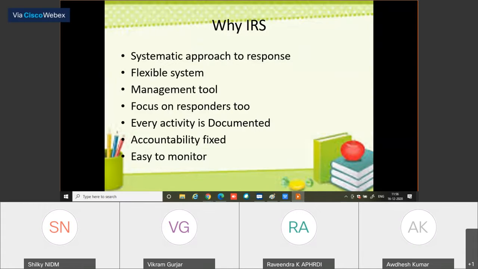Change has to be there because every situation demands a unique reaction, but the basic concepts are the same.